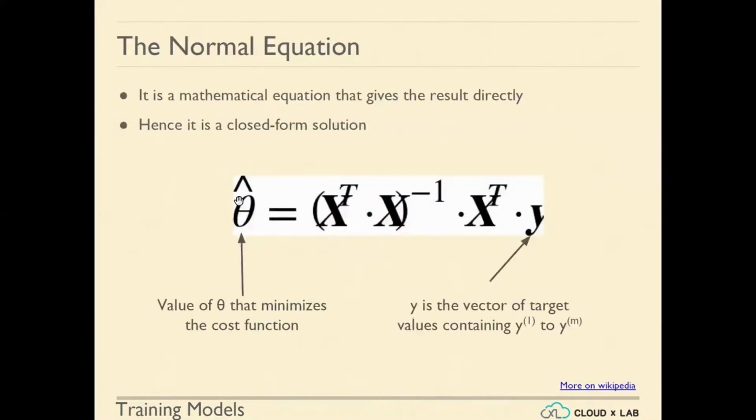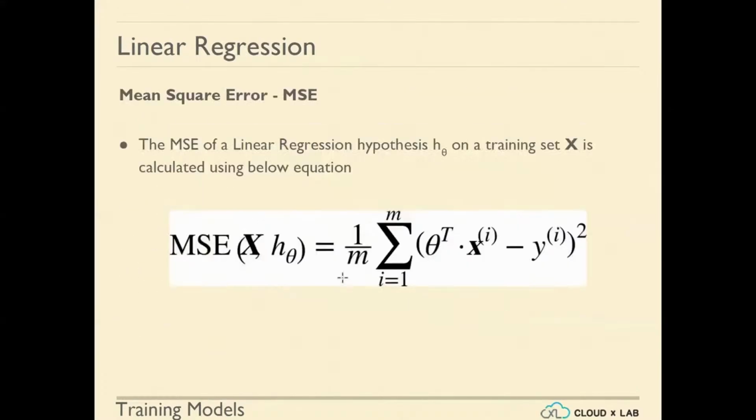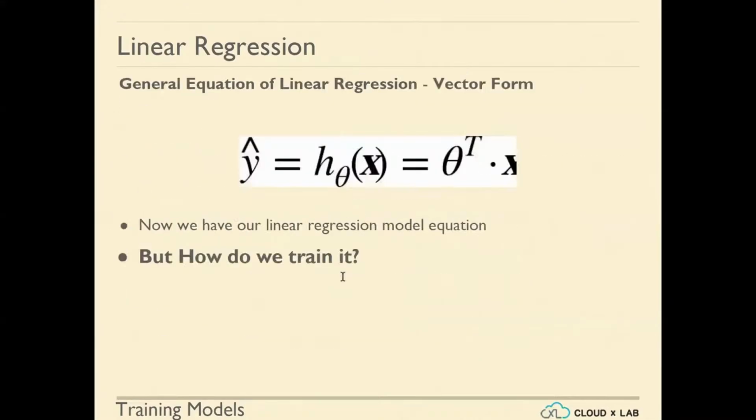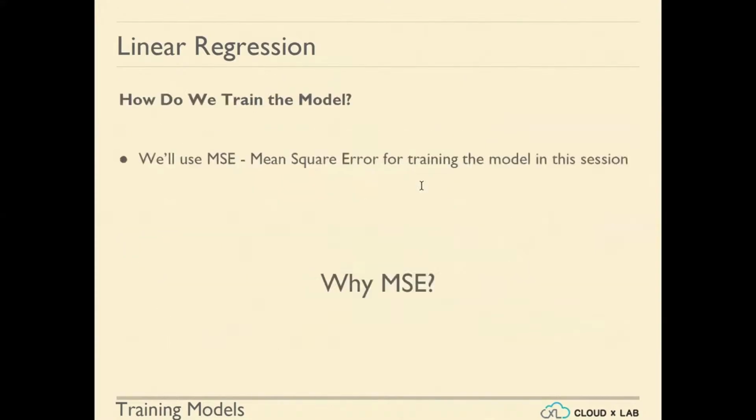Once I know theta hat, the optimal value of theta, I will use this equation to make the prediction. Predicted value is equal to theta transpose times input. Output is equal to theta transpose times input. I will use this equation to get the predicted value, right?